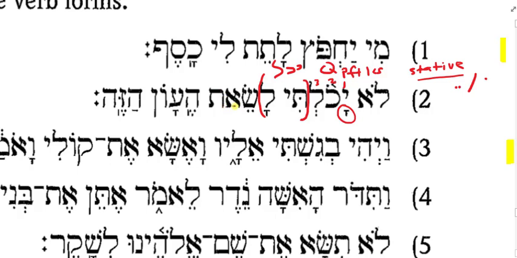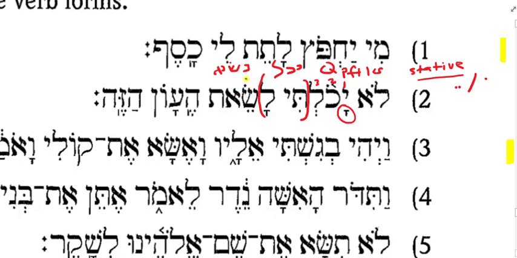Now, what might this be? You have some root letters that might be identifiable, right? Do you have any verbs that have a sin aleph sequence? Yeah, nasa is one of our new verbs, isn't it? Nasa. Is it possible for this root 1 noon to go missing on us?